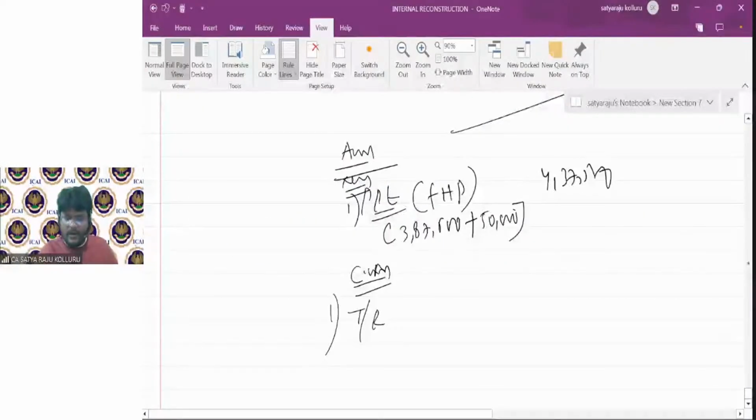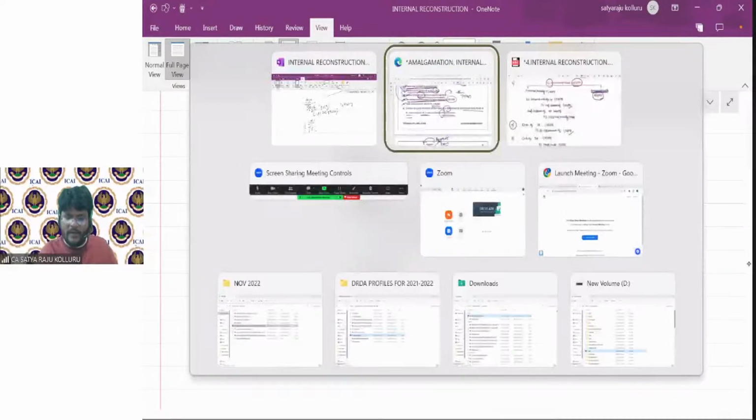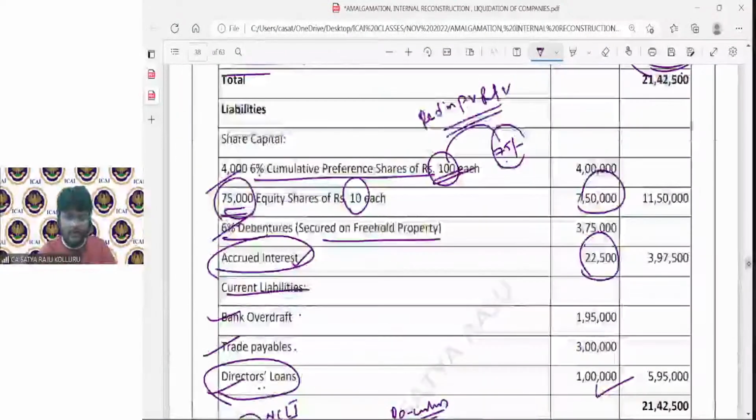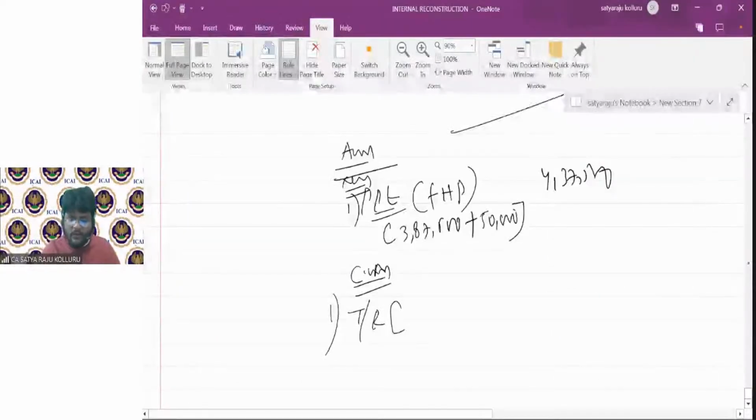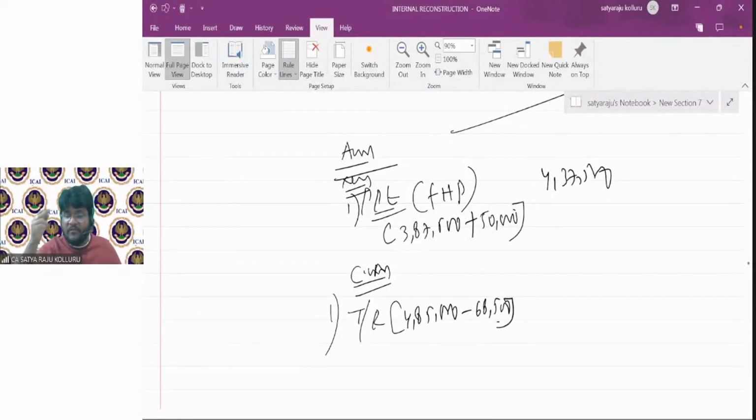So now you can decrease from the given book value of the balance sheet to the extent of 68,500. Then 4,85,000 minus 68,500. Now you can understand how to prepare the balance sheet in the exams. Each and every component you need to put in your brain, then consider at the appropriate time. 4,85,000 minus 68,500, which I got 4,16,500.